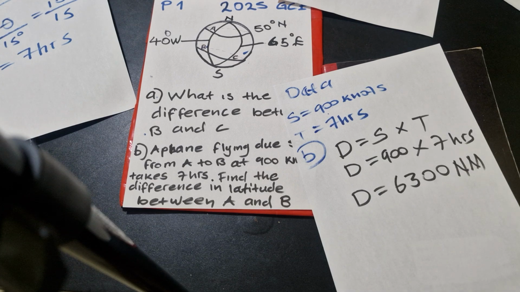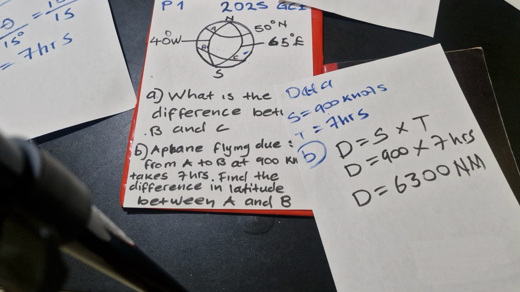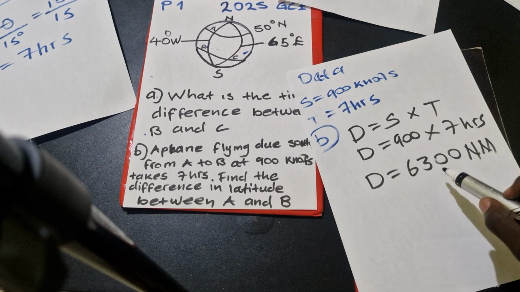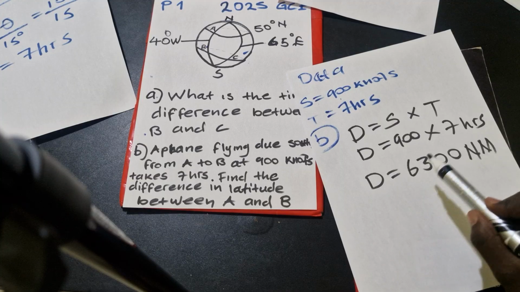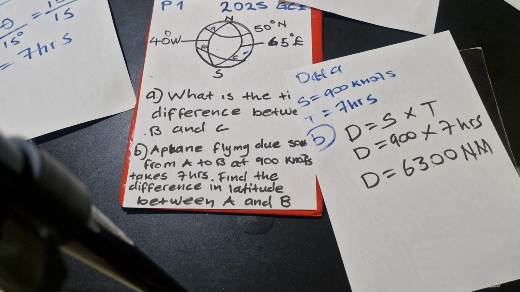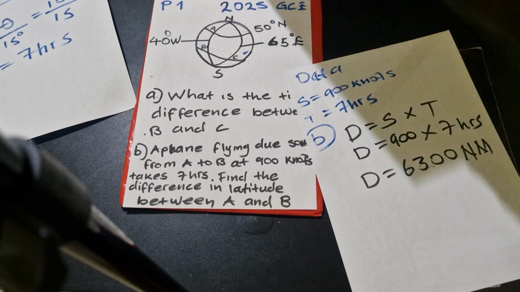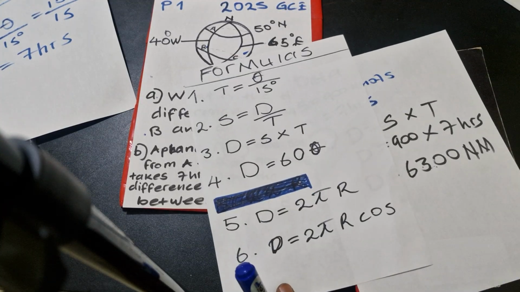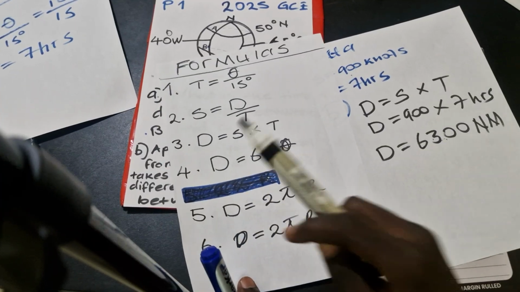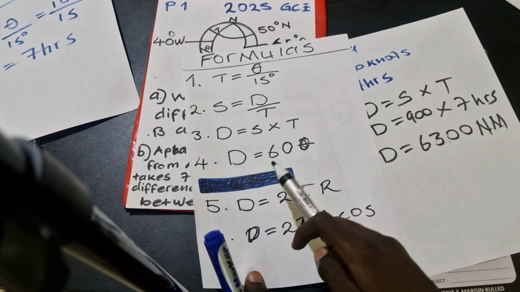So they told us we have to find the difference in latitude. So which formula am I going to use? Now I have my distance. What do I need to do now? I need to find the difference in latitude. So the formula I'm going to go with now is the formula on question 4.